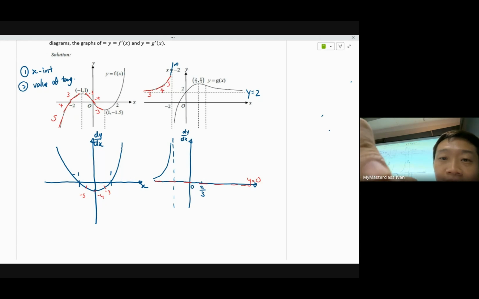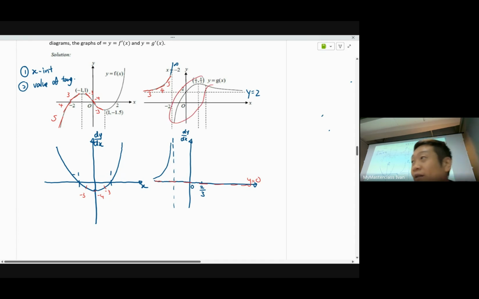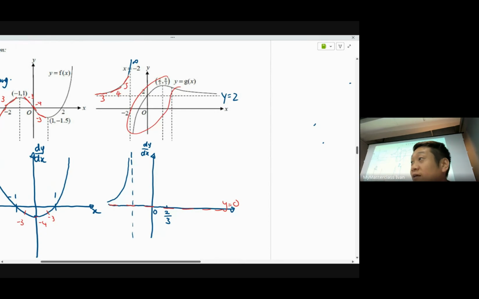Understand? Don't be tricked by where the graph is. Look here, the graph is at the negative part. Whatever you do in your dy/dx doesn't care where the graph is in the first part. The only thing we care about is the gradient. What number do you put here? 5, 4, 3, then this part becomes 0.